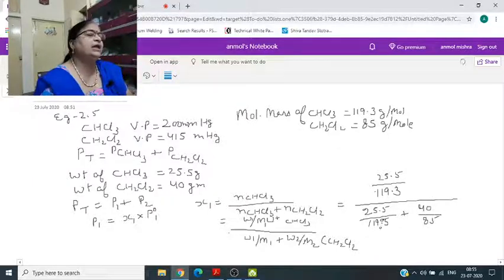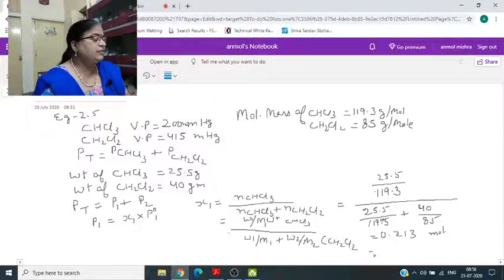So when you calculate, you will get the moles of chloroform as 0.213. So by knowing this, we can find out the moles of this.